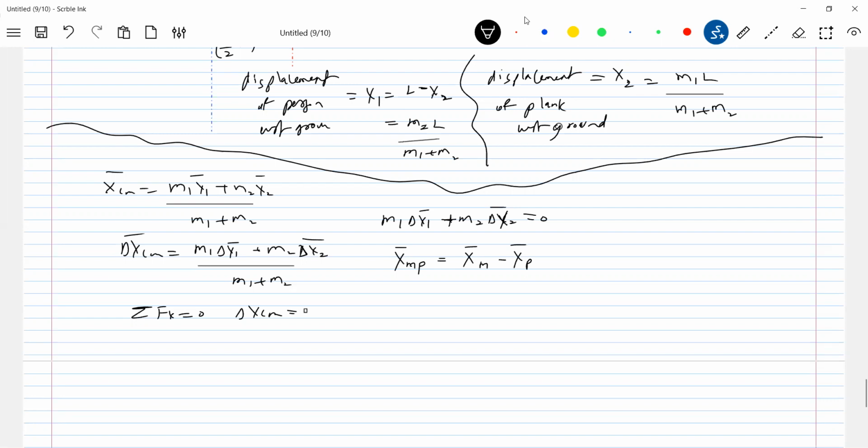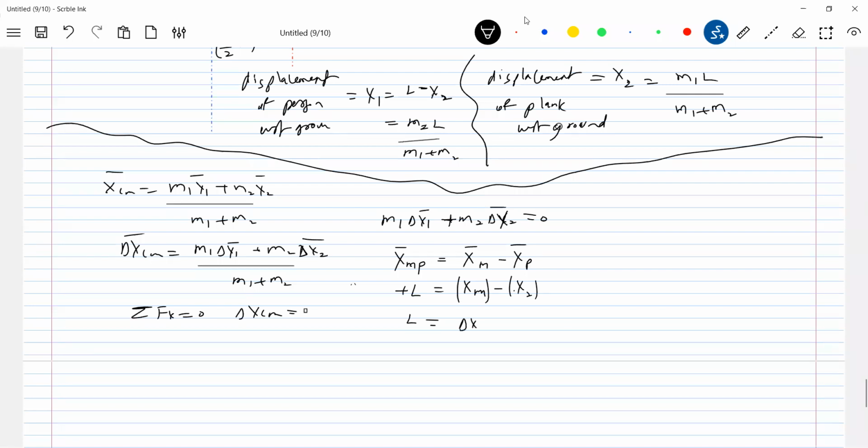There's a formula, no? Displacement of man with respect to plank plus L, it'll move towards right. Displacement of man with respect to ground, we don't know. Displacement of plank, we don't know. The one which you don't know, just leave it. So this is xm, displacement of person.